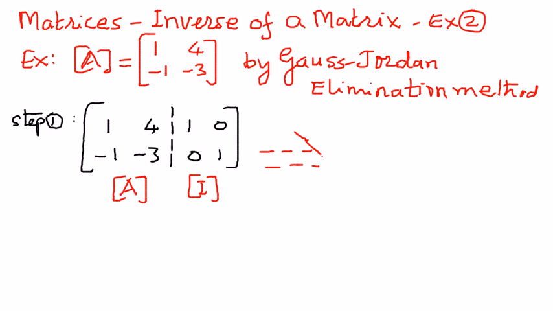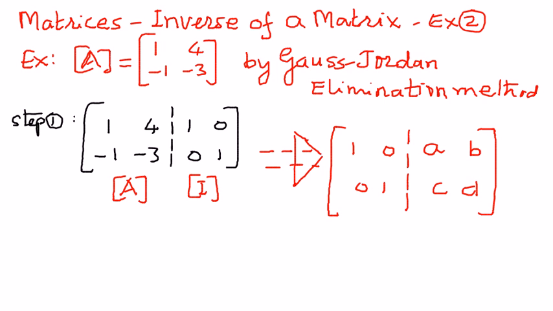When we perform the row operations, we want to arrive at a matrix where the left hand side of the partition is going to be 1, 0, 0, 1, and then on the right hand side of the partition, because of the row operations, we are going to get some values, and I'll call them A, B, C, and D. When we do this by performing the row operations, we have achieved the inverse of this matrix.